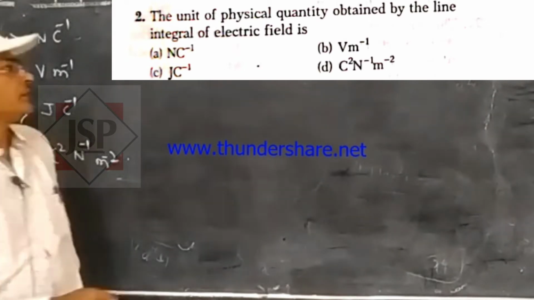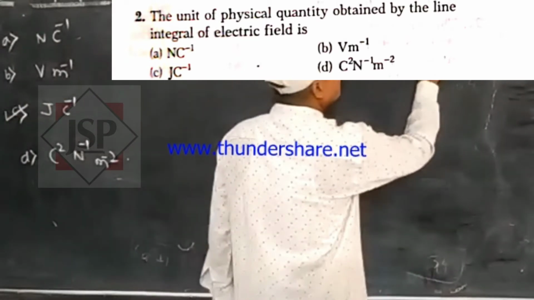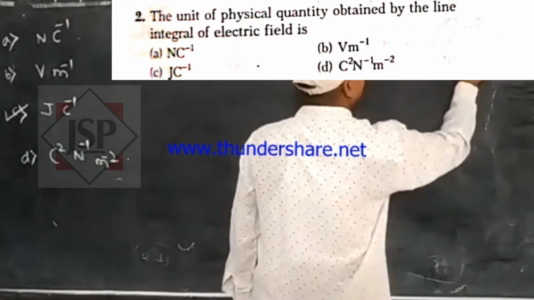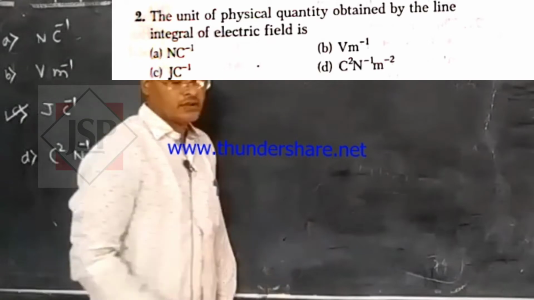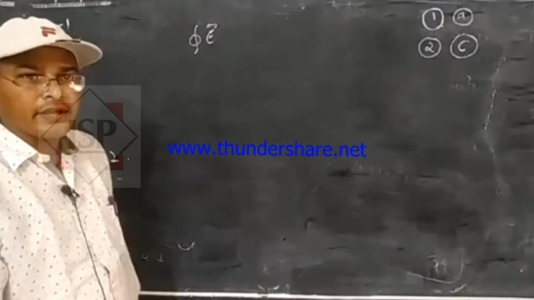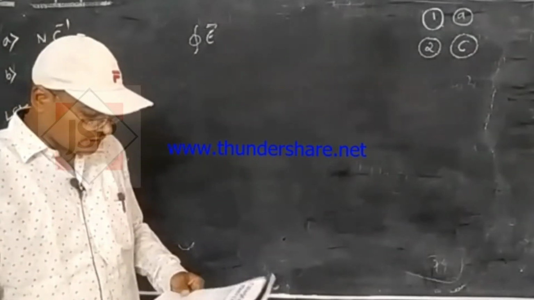Joule per coulomb, so the answer is option C. Okay, now next we can solve the following question.